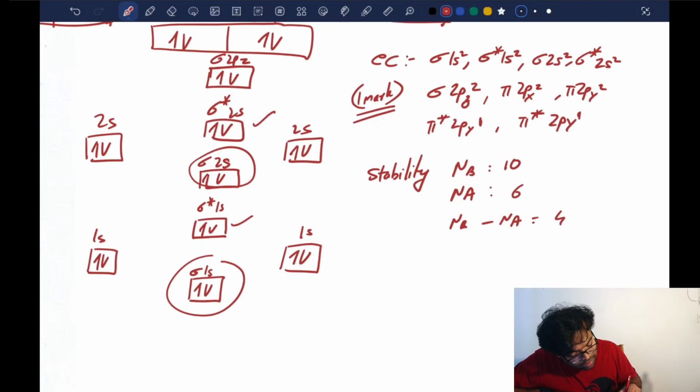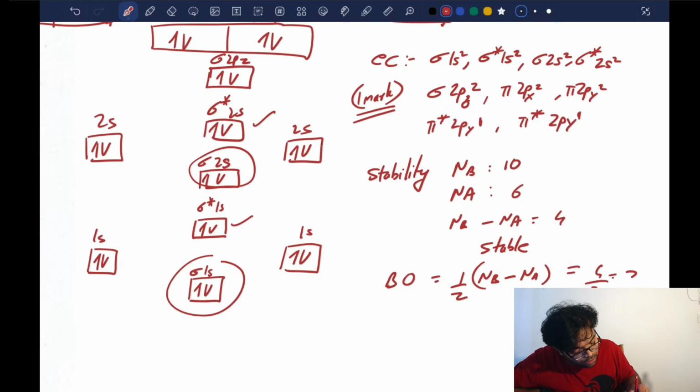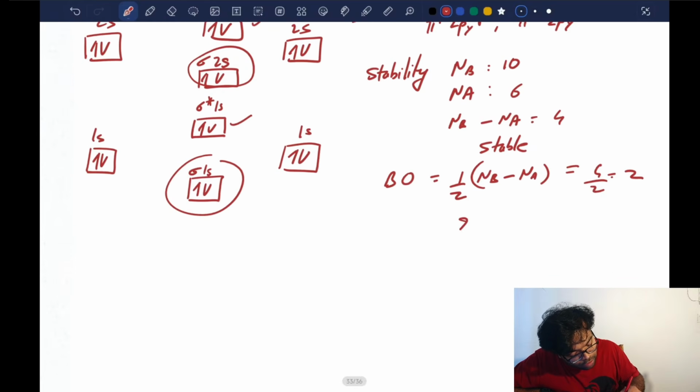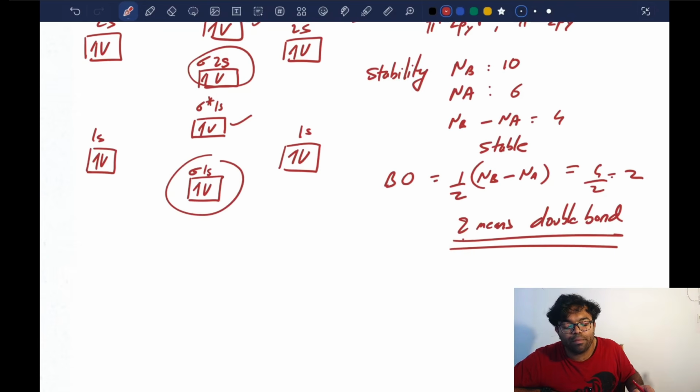Then this is stable. What about bond order? 1 by 2 into (Nb minus Na) is equal to 4 upon 2, which is 2. Therefore, 2 means a double bond exists between the two oxygen atoms.